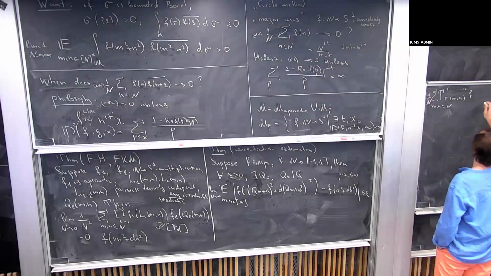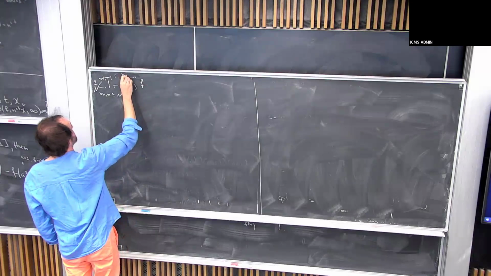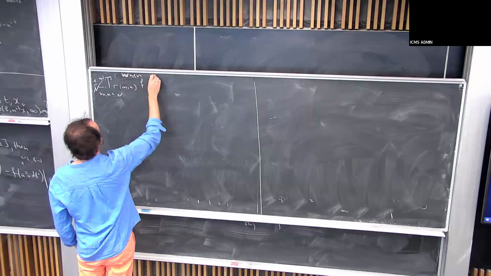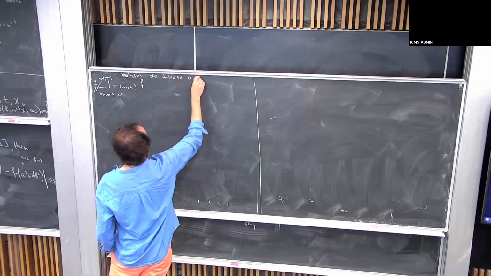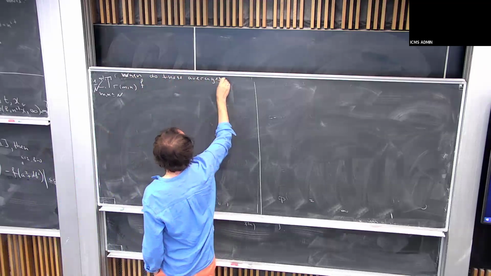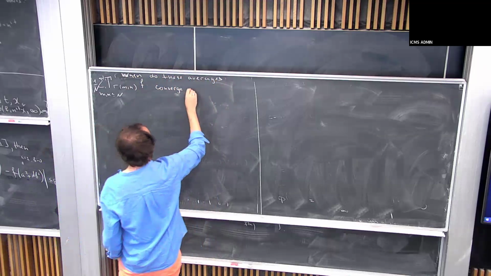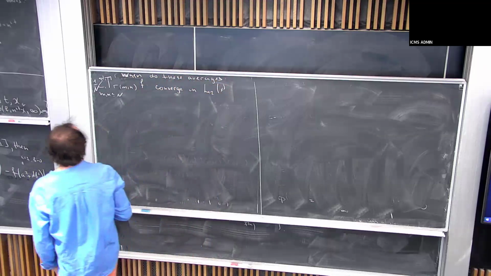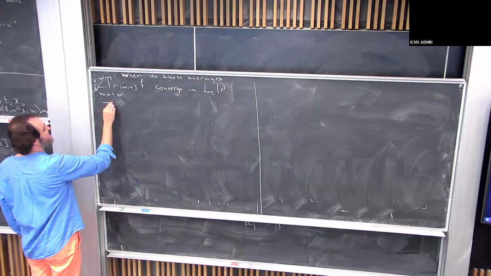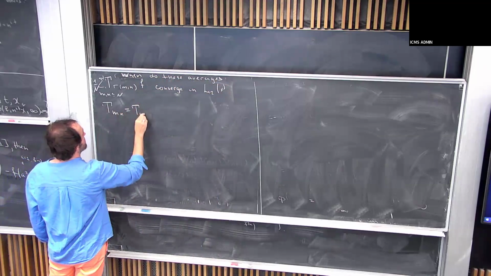At least in this way: when do these averages converge in L2? So here T is the multiplicative action, like in the previous talk.